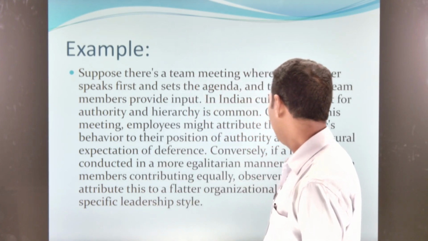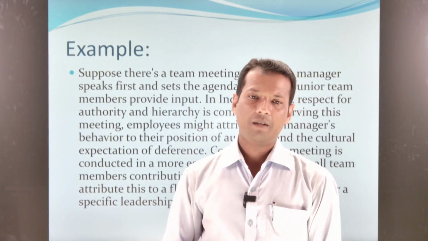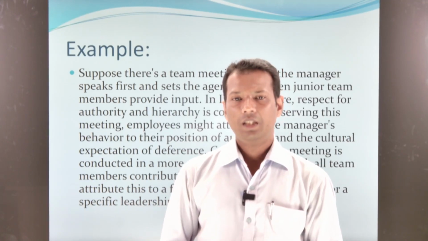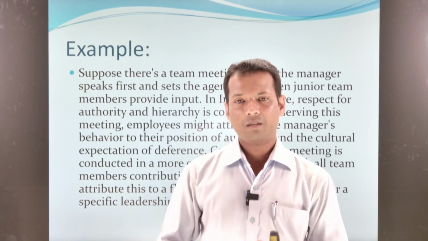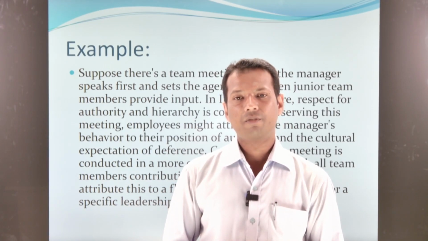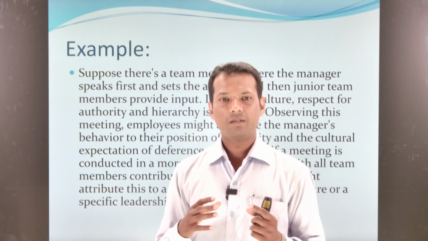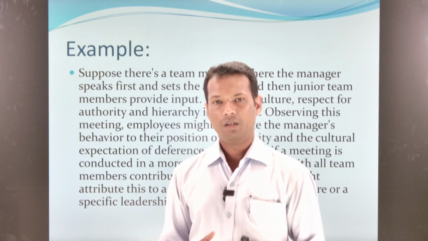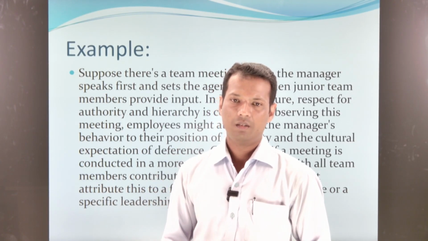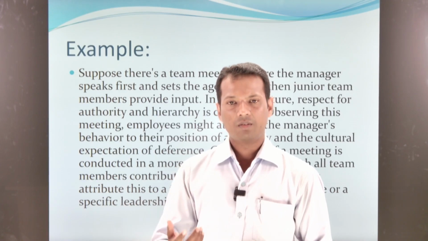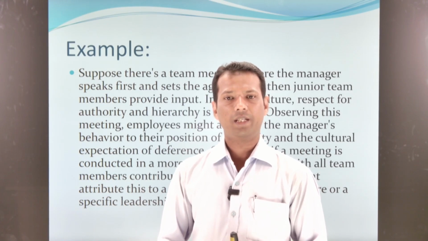Conversely, if a hierarchical structure is being followed in the organization, the manager is going to put forward his or her authority in that meeting. So we can say that can be an authoritative type of meeting.